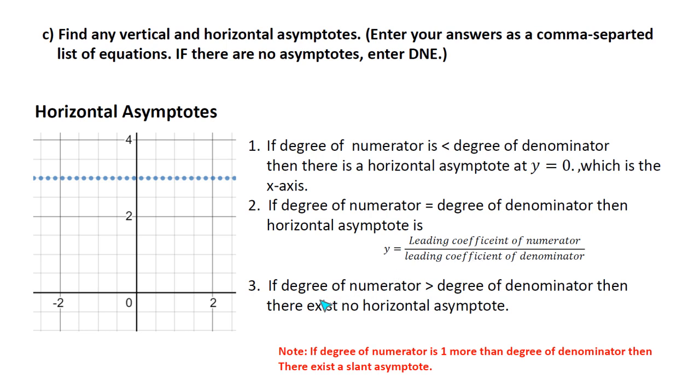And then the last situation is if the degree of the numerator is greater than the degree of the denominator, then there's no horizontal asymptote. But there could be a slant asymptote if the degree of the numerator is 1 more than the degree of the denominator.